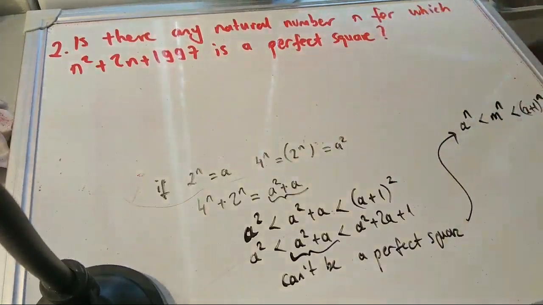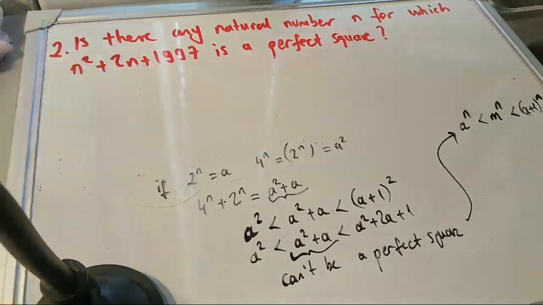Okay. For any natural number n, can n squared plus 2n plus 1997 be a perfect square or not? We have to prove it for any natural number.